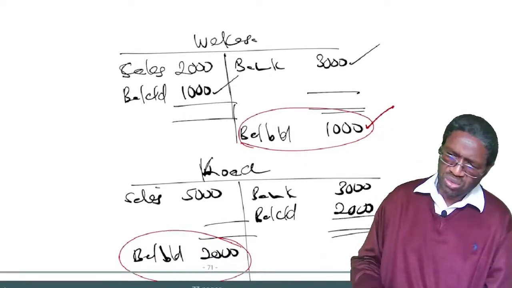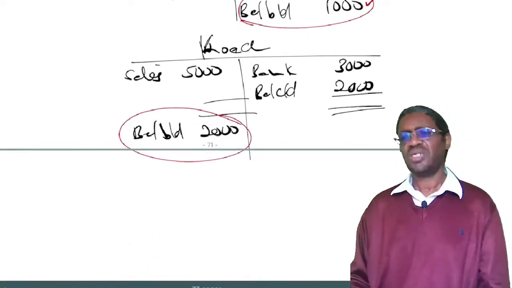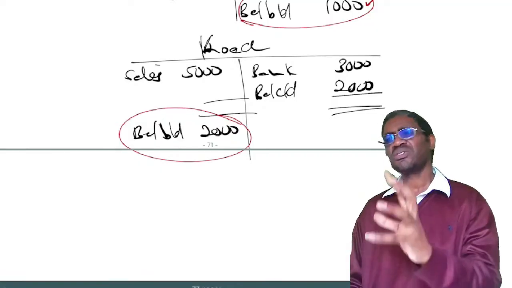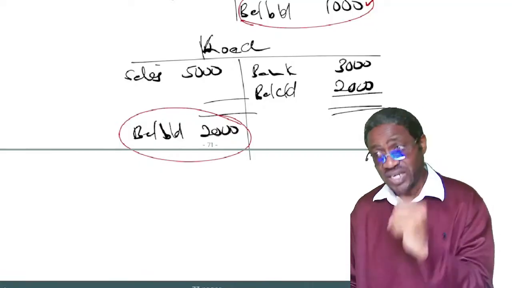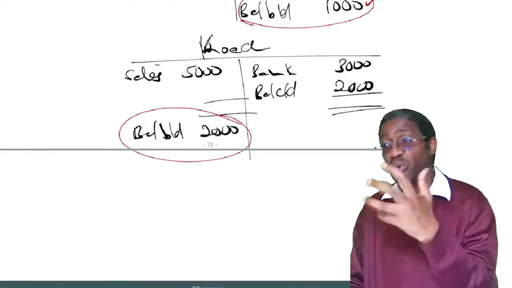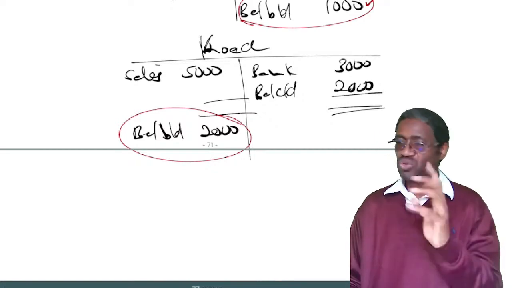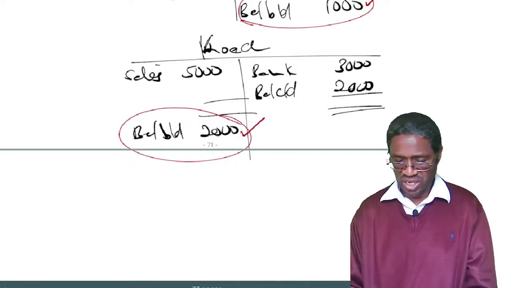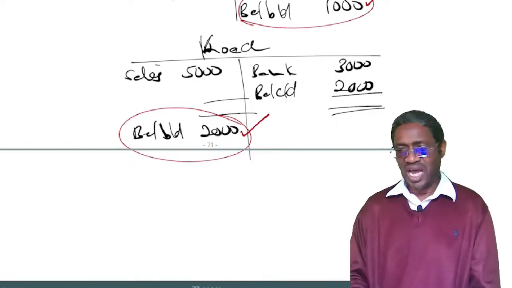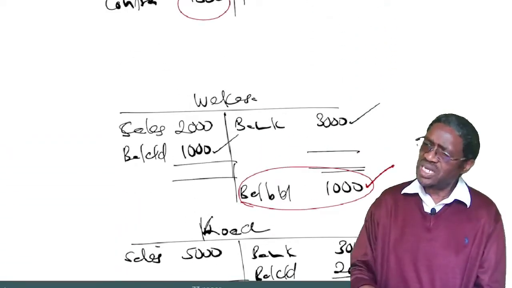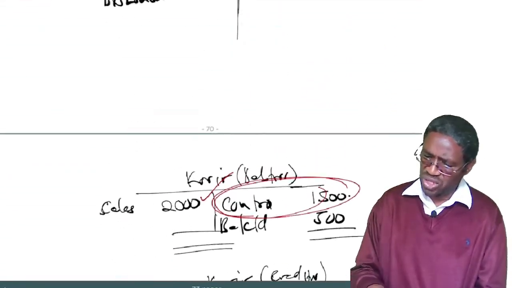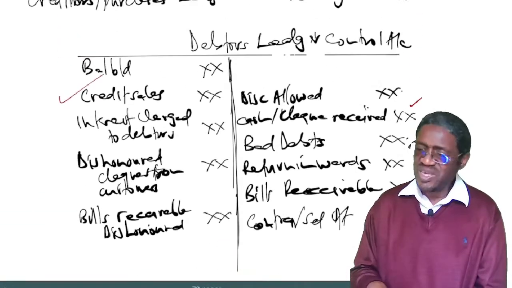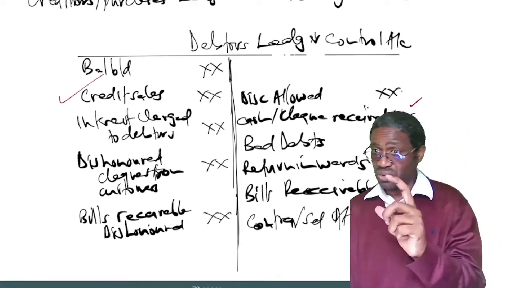But I've told you, in most cases, debtors are an asset. It's people we are demanding money from. So they are always assets with debit. Now, meaning, therefore, when I take you back to the control account, I began the year with a brought down.